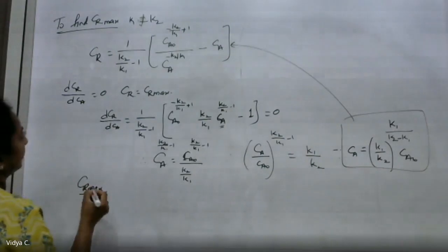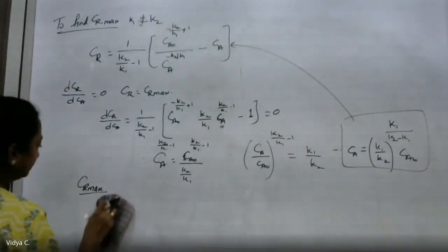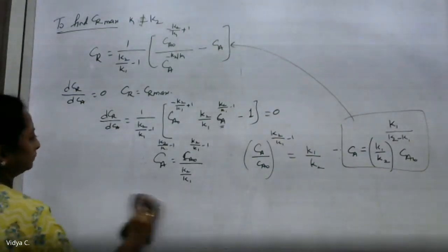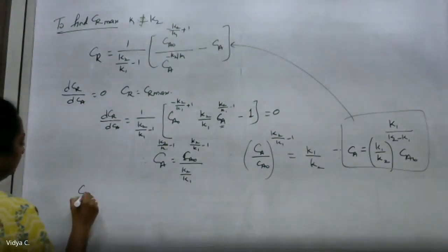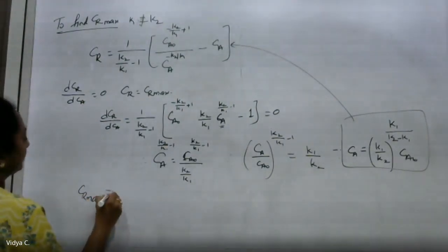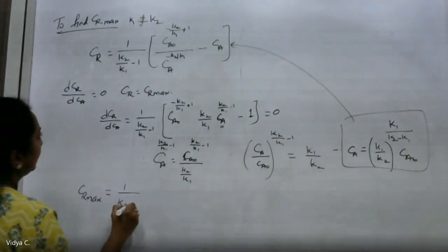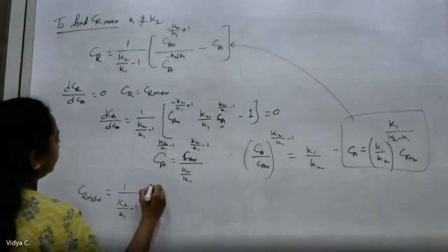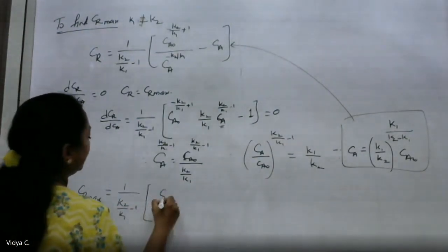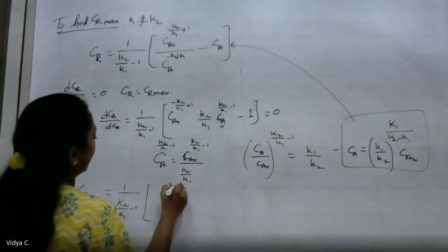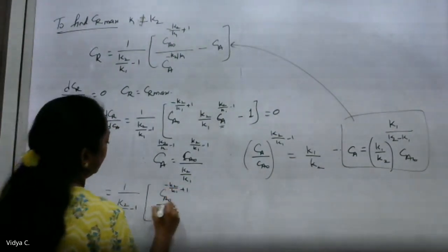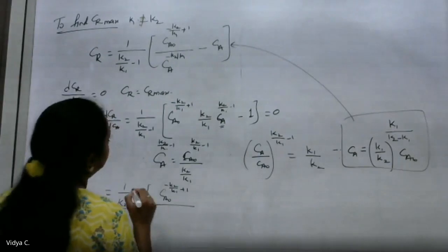CR max will be equal to 1 by (K2 by K1 minus 1) into CA naught to the power of minus K2 by K1 plus 1 by CA.